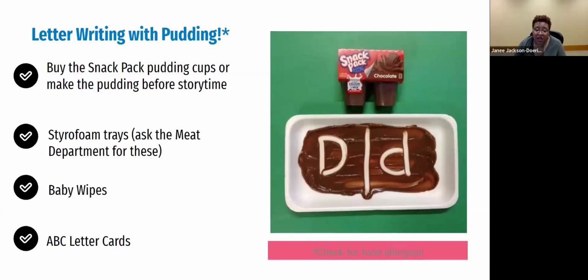And just make sure you have the baby wipes, because some children don't like their fingers dirty. The other thing I would also say, check for food allergies. If a child has food allergies, that is something to also be mindful of. But every time we did this for Head Start, I would have kids just licking their fingers. It was just so much fun. Super duper fun.